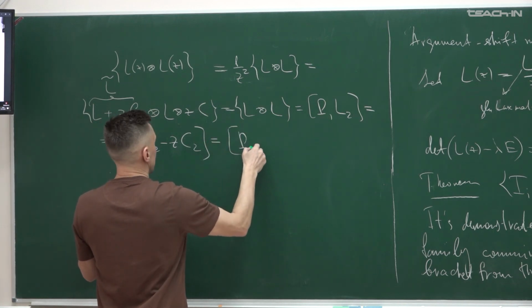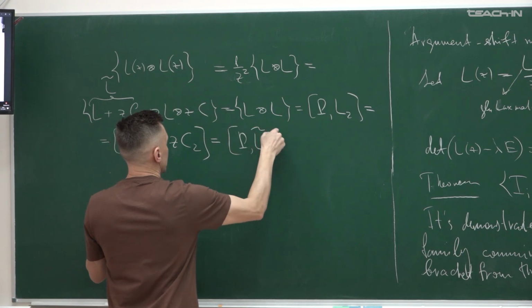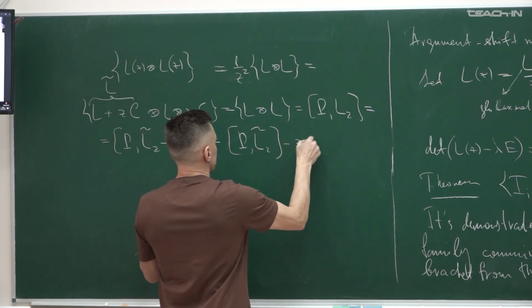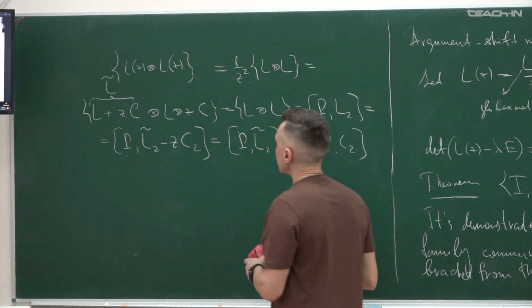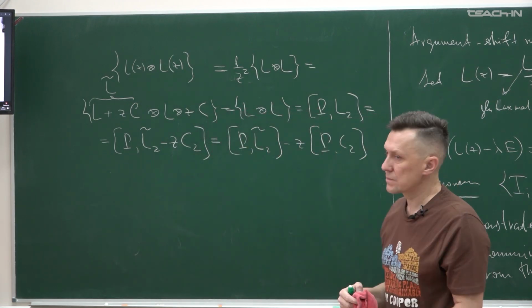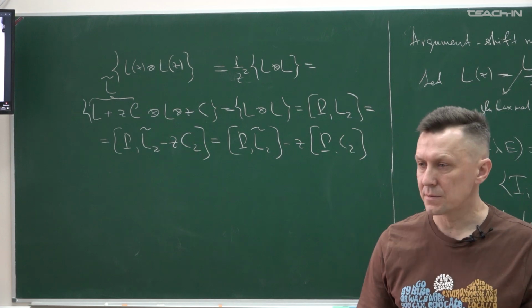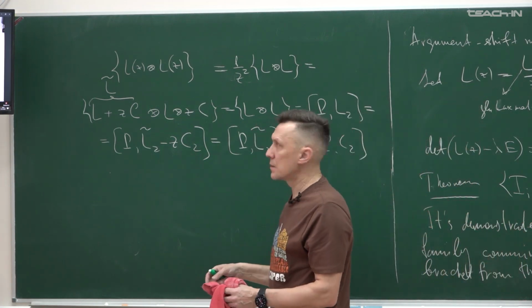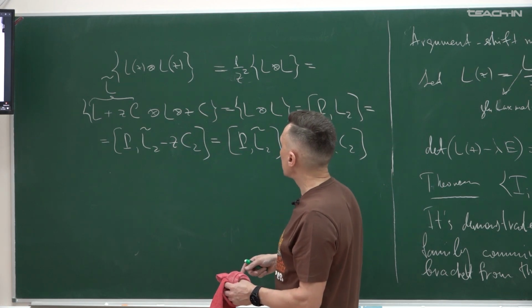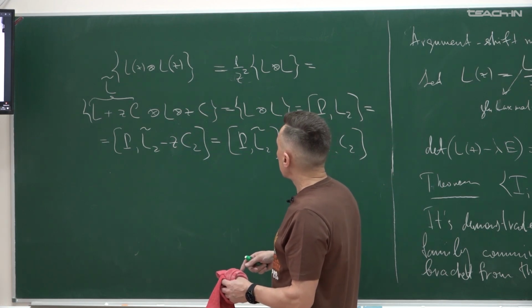This is P L2 tilde minus Z P C2. Sorry? 1 over z square. 1 over z square, that's the coefficient.